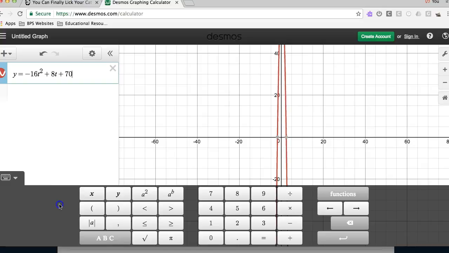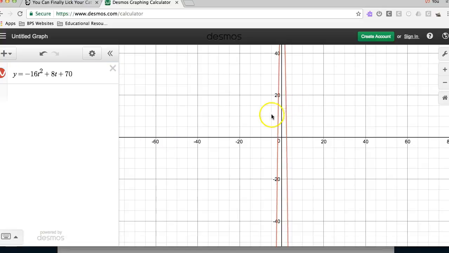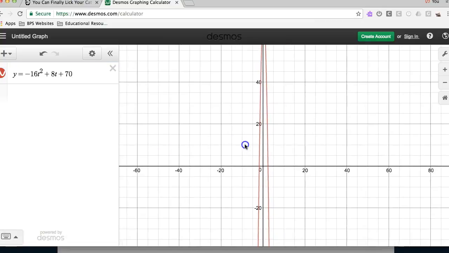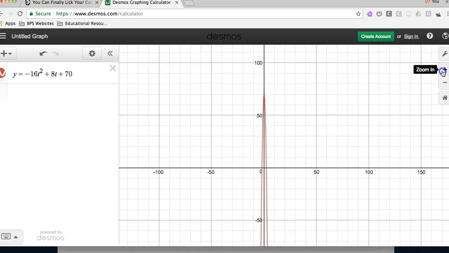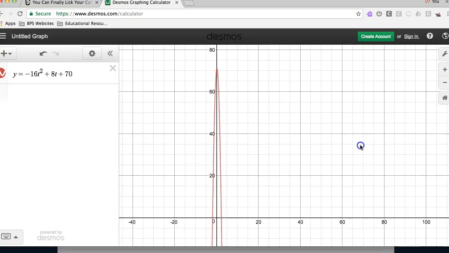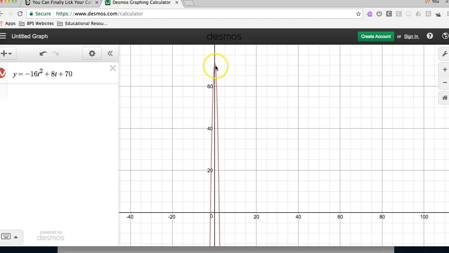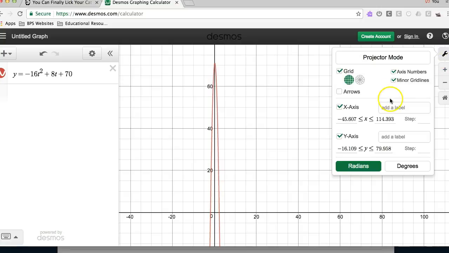Alright, so I just graphed this, but I want to make it look more like the picture I drew. So I guess I need to zoom out a little bit, or maybe zoom in. Okay, so there is the top of the cliff. I dove up, boom, like that. And to make it look even better, if I hit this little wrench up here, that's the settings. Okay, the x-axis.